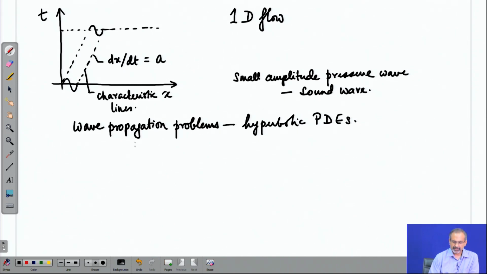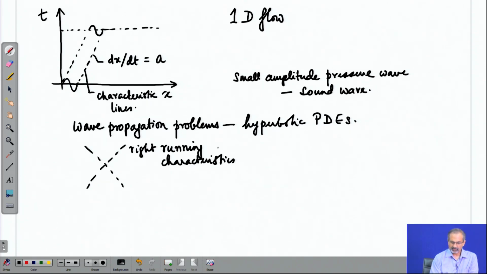We said that characteristics can be moving either along the positive x direction or the negative x direction, and therefore, there are two families of characteristics which are possible. The ones moving towards the positive x direction may be called right running characteristics, and those running to the left could be called left running characteristics.